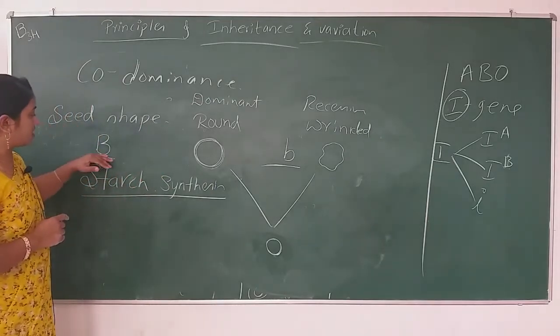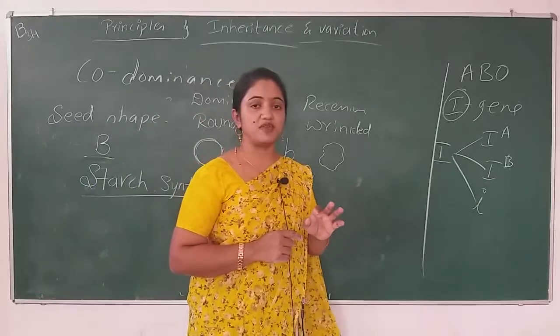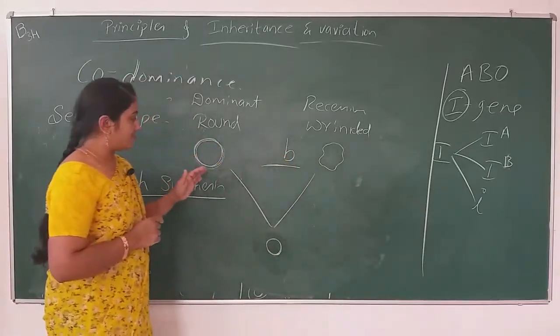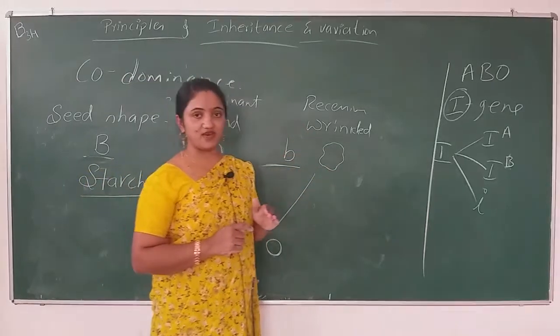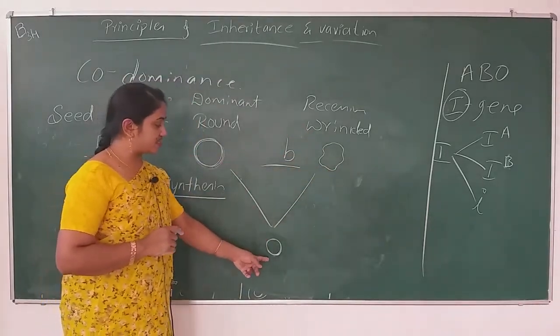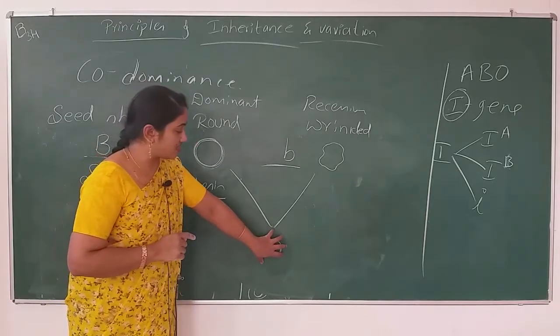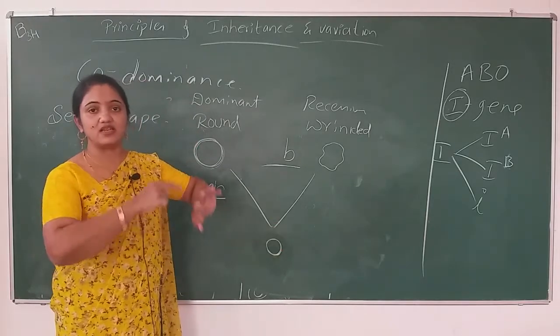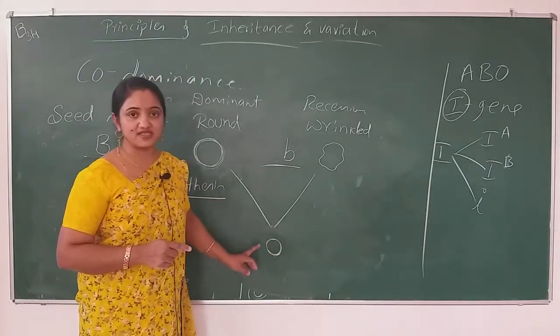So, according to Mendel's experiment, according to his law of dominance, the dominant character always suppresses the recessive one. Here in the F1 generation, though it has the round shape, it can't synthesize starch in a large amount. The size gets reduced, the shape remains the same.